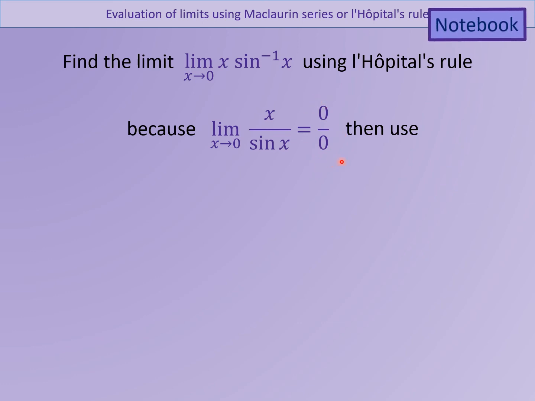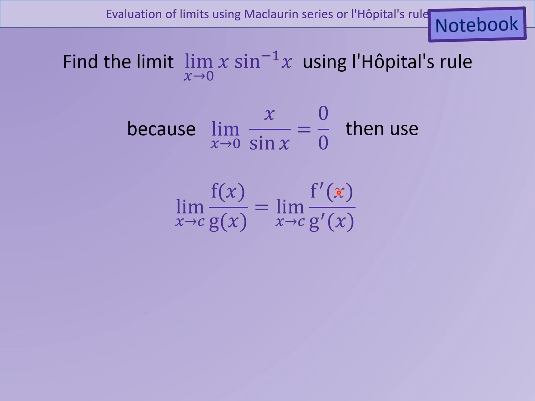Okay? Right, so then what I could do is differentiate both of them, because I can't work that out on its own since both of them go towards 0. I'm stuck. But I can use L'Hopital's rule. L'Hopital's rule says if I can't work that one out and they both go to 0, I can differentiate both the numerator and denominator. All right, I'm allowed to do that and investigate what this limit goes to.